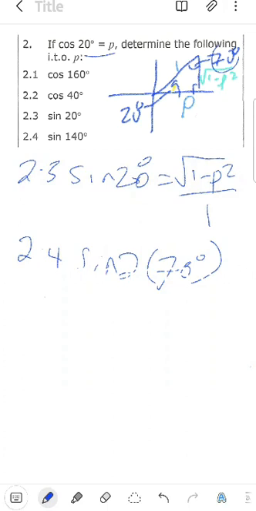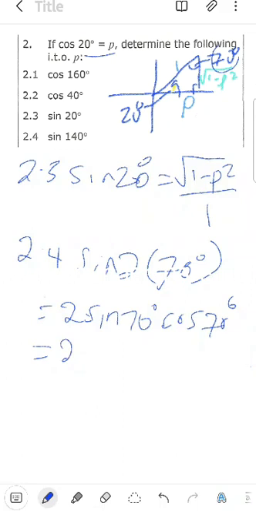Now we're going to use the angle 70, the position of angle 70, so it means we're going to have 2 sine 70 degrees cos 70 degrees.